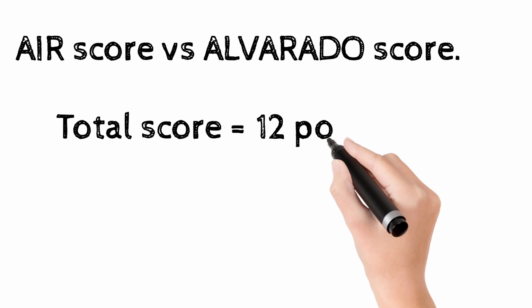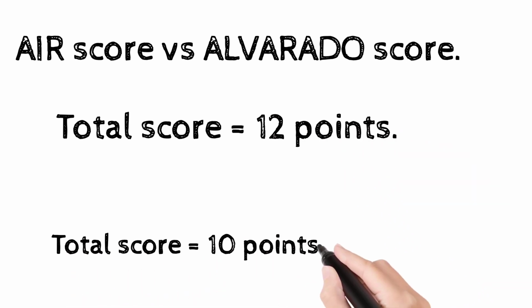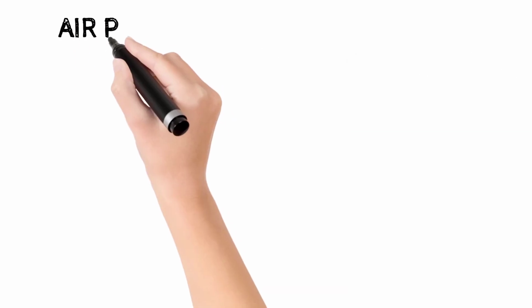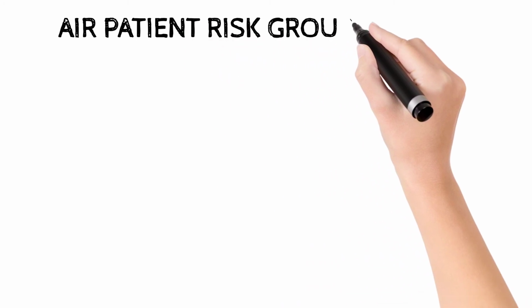The total possible score in the AIR score is 12 points, and the total possible score in the Alvarado scoring system was 10 points.